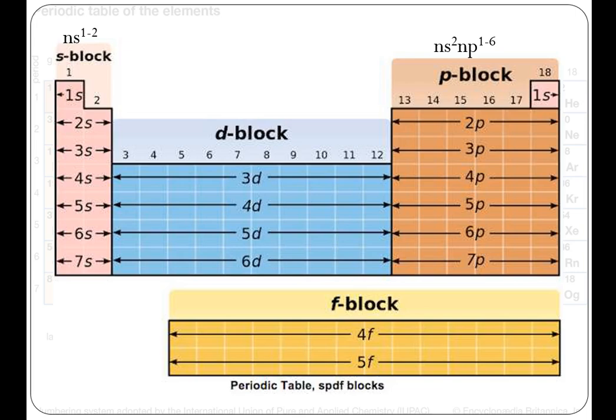The general configuration for s block elements is ns1 to 2. For p block, the general electronic configuration is ns2 np1 to 6. In this chapter, we are to study p block elements.